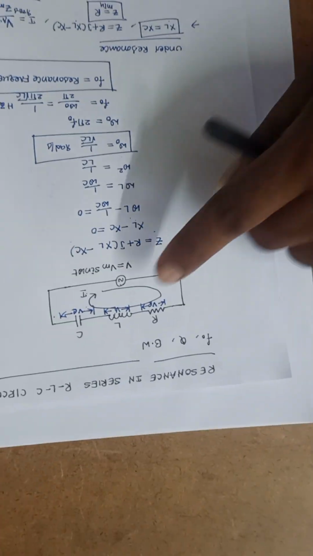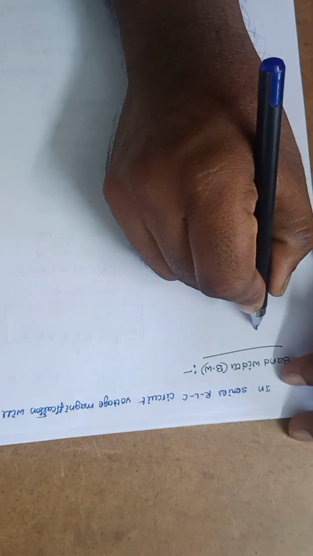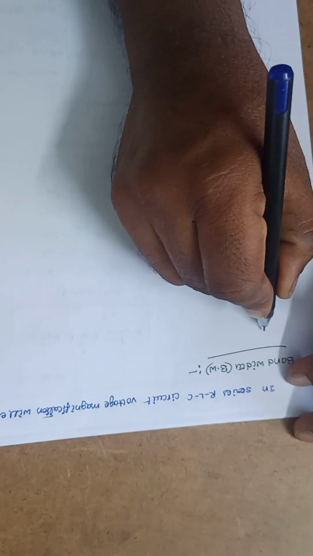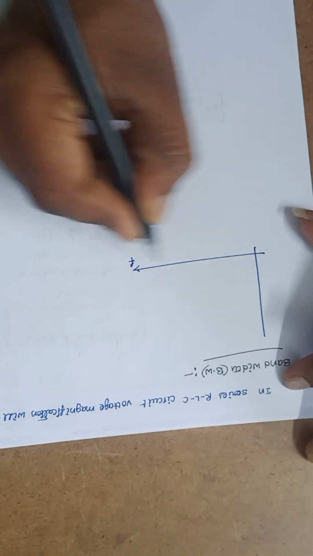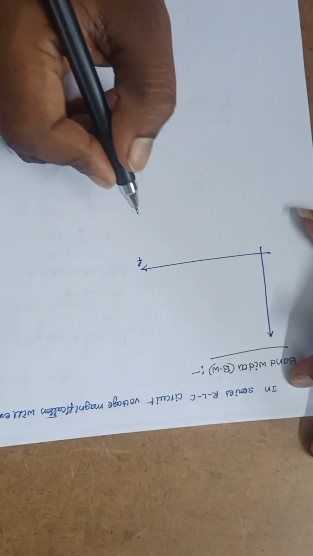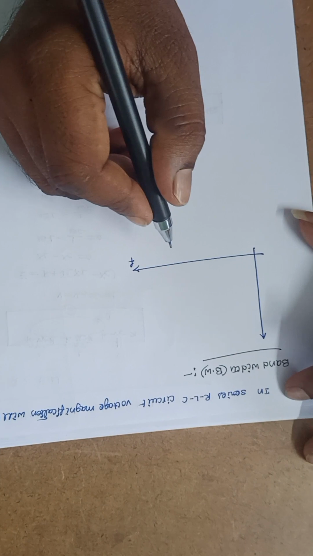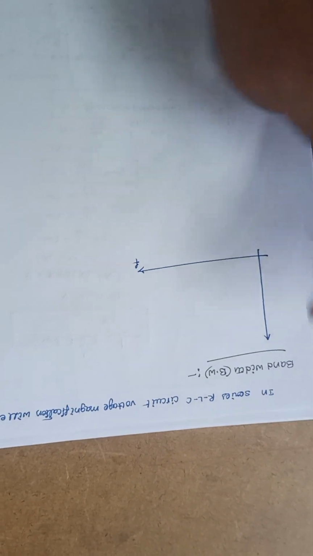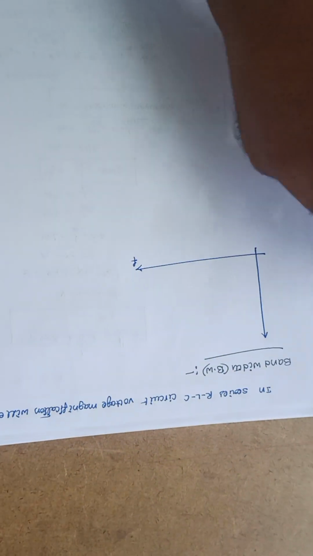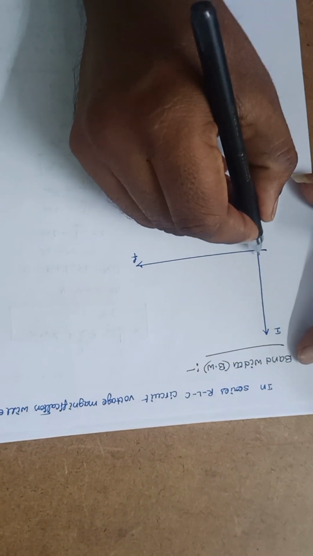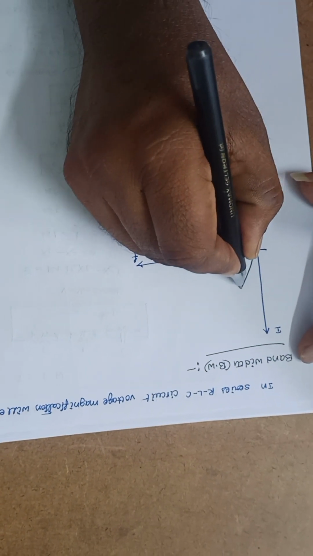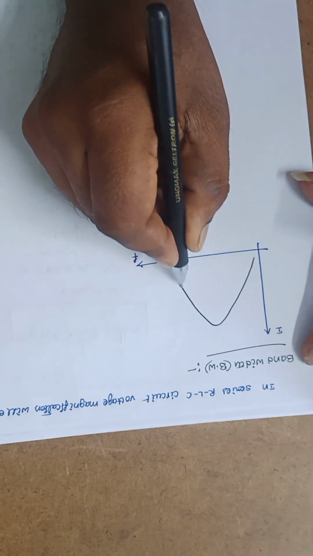Let me draw the current waveform for a series RLC circuit. If you draw this curve between the current versus frequency, we have already drawn this current curve in the previous concepts. So how will be the current? So this is the current here, current versus frequency. So this current will vary like this. It is an inverted V curve.